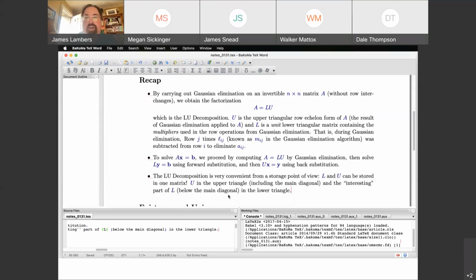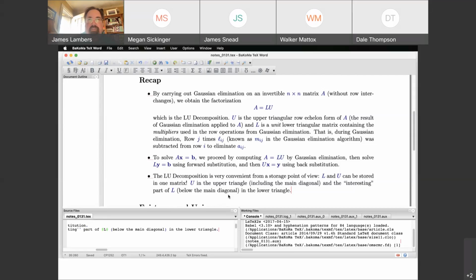One of the homework problems from this section, section 3.2, requires that. You're modifying a previous function for Gaussian elimination in such a way as to produce the LU decomposition, and the output from that function has to be one matrix that has the relevant parts of L and U stored in it.